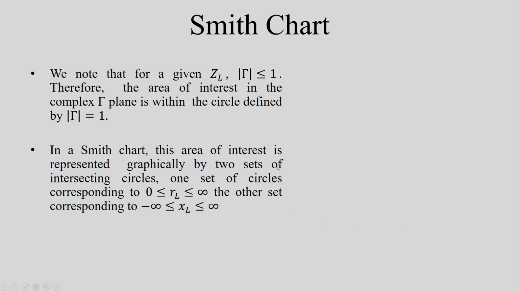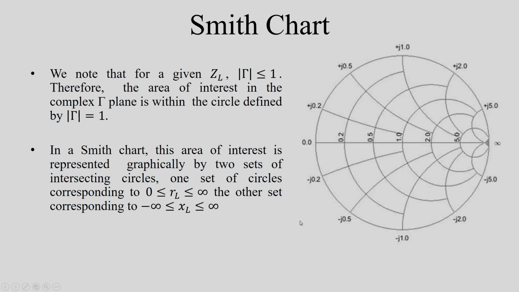in a Smith chart, this area of interest is represented graphically by two sets of intersecting circles. One set of circles corresponding to RL in the range of 0 to infinity, other set corresponding to XL in the range of minus infinity to infinity.